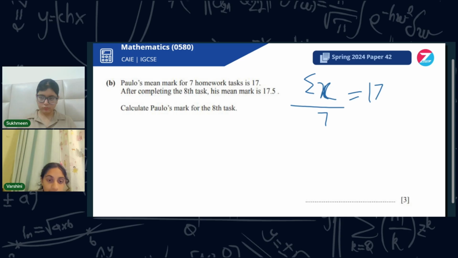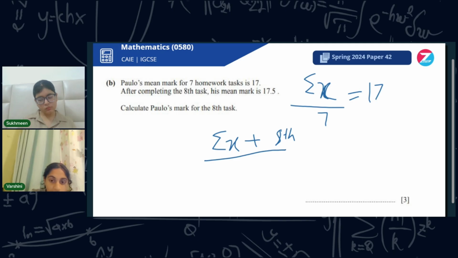And we know after completing the 8th task, his mean mark is 17.5. So the sum of x plus the 8th task, divided by 8 this time, because the total is going to be 8 instead of 7, is going to give us 17.5.